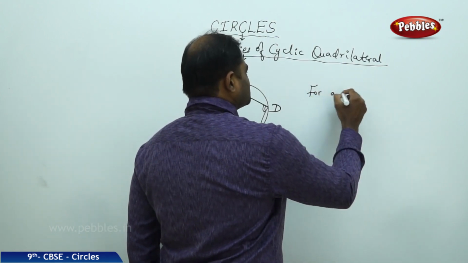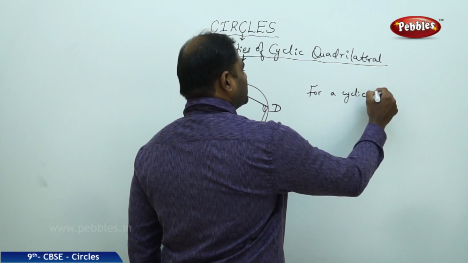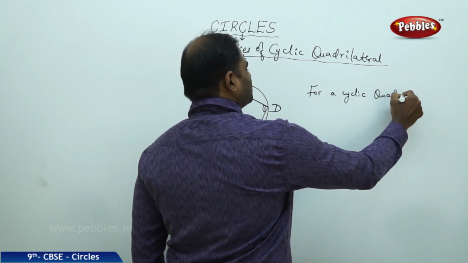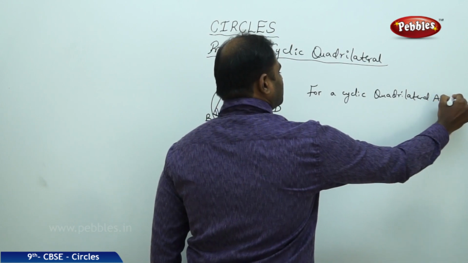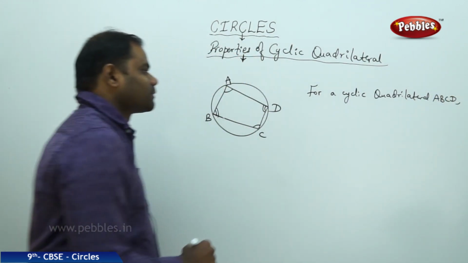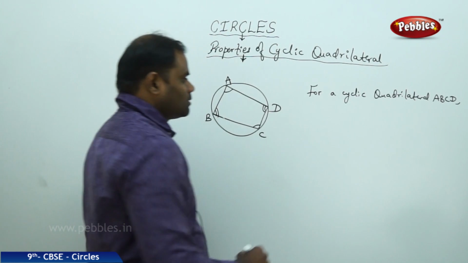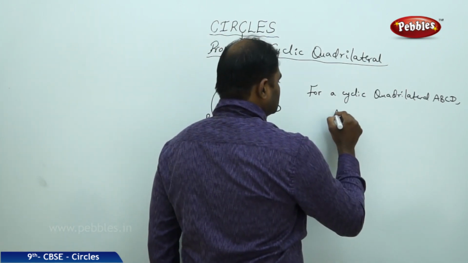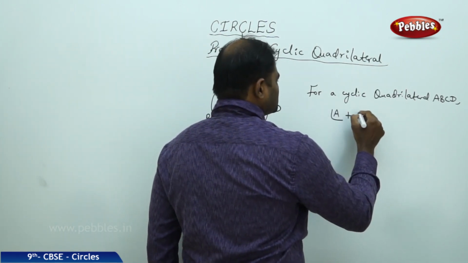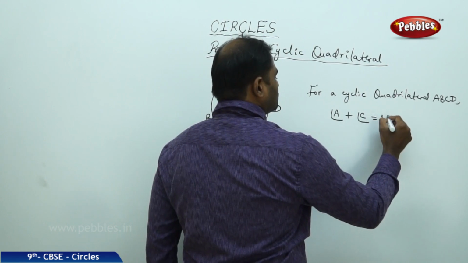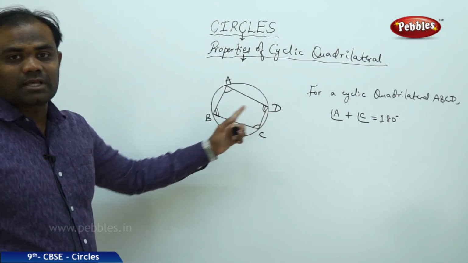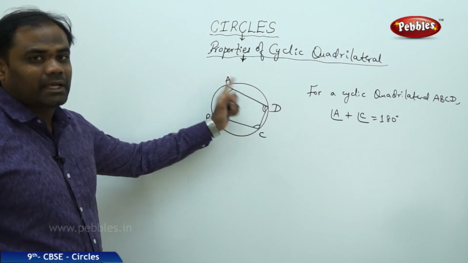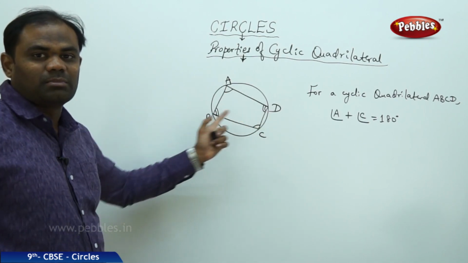So property says for a cyclic quadrilateral ABCD, angle A plus angle C is 180 degrees and angle B plus angle D, which are opposite angles, are always supplementary.